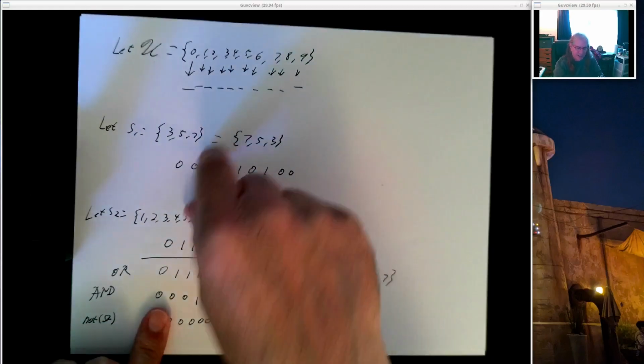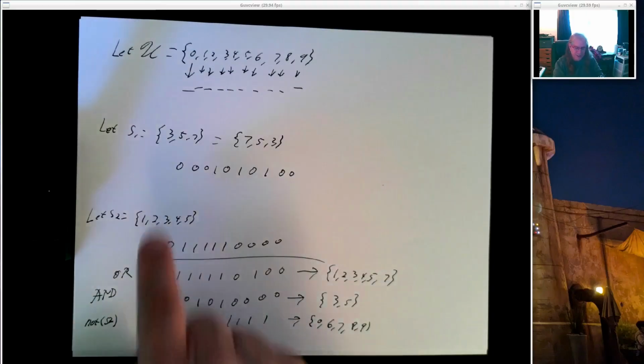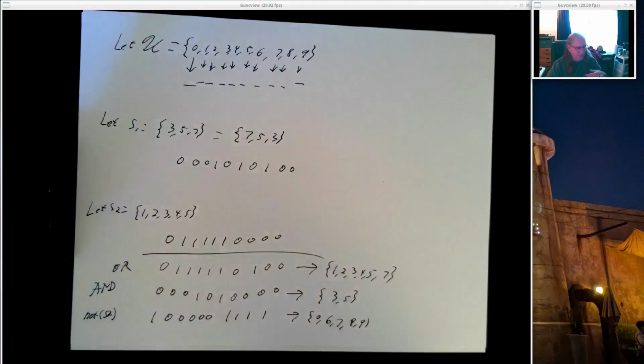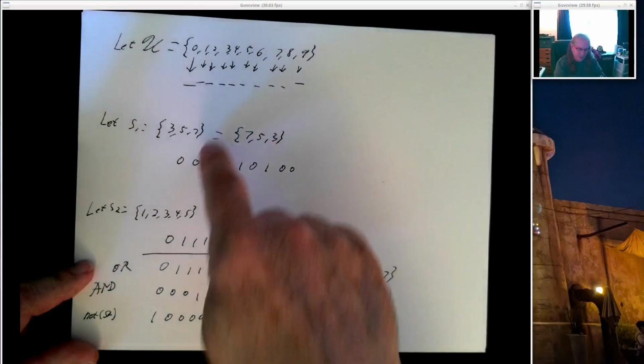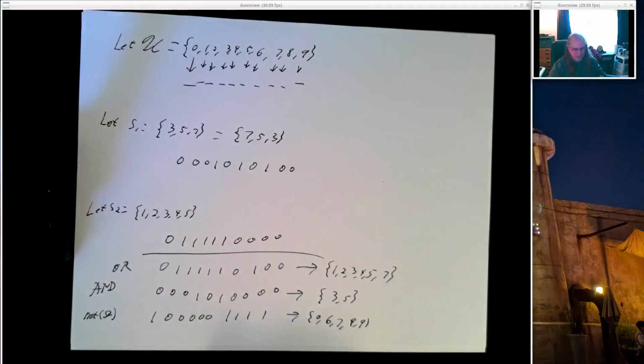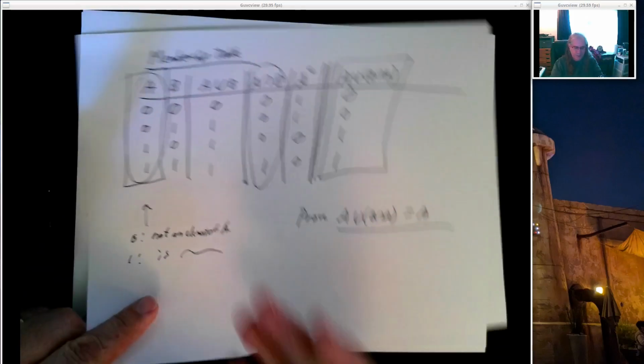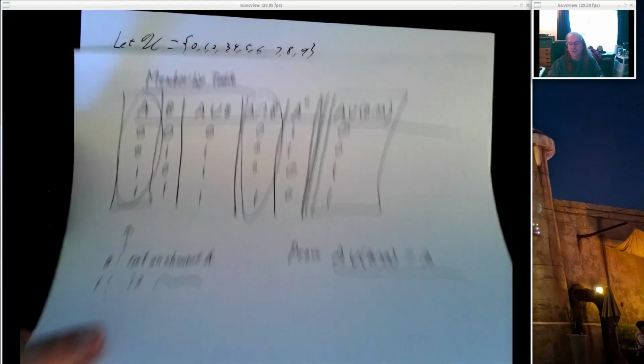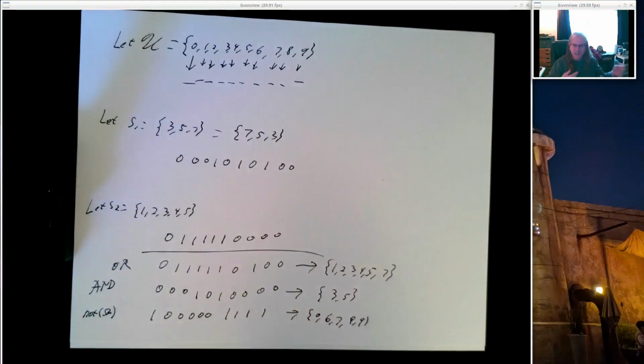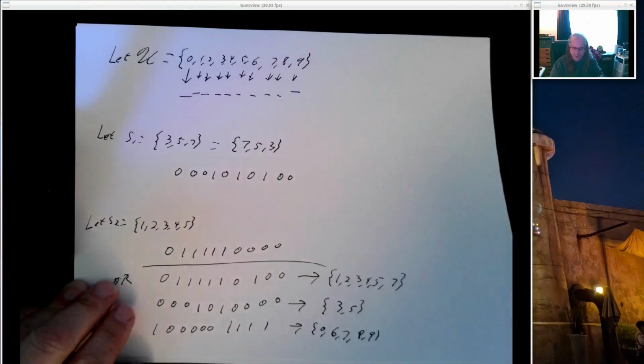If I do an AND, it gives me the intersection. If I do a negation, it gives me the complement. So we have a way to go back between sets and Boolean operations. And again, this idea that unions act like ORs and intersections act like ANDs, which is what we see in the membership table, which is what we saw looking at set identities. This is a theme that's going to keep coming up again and again.